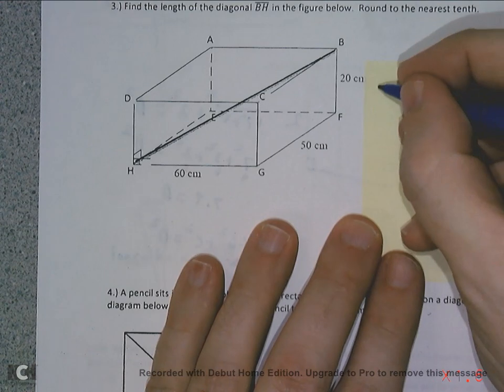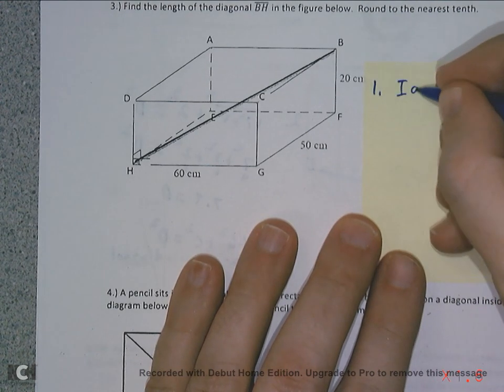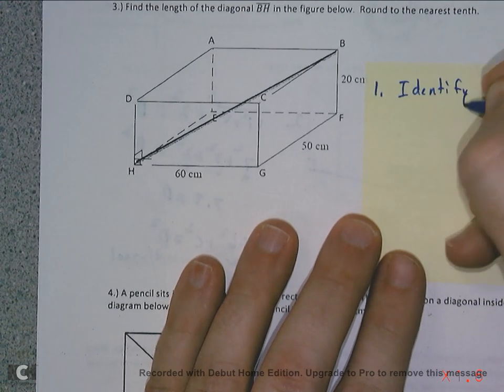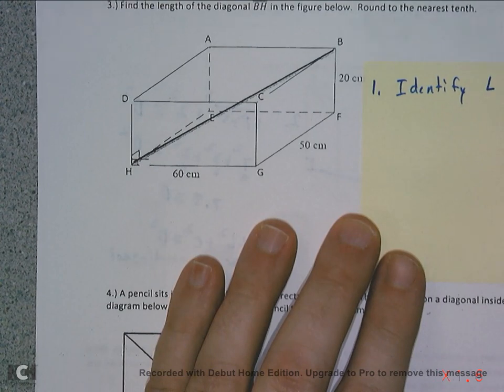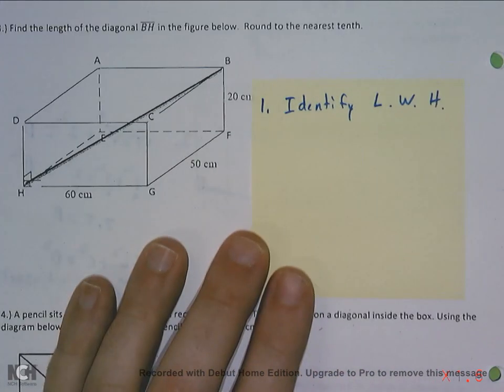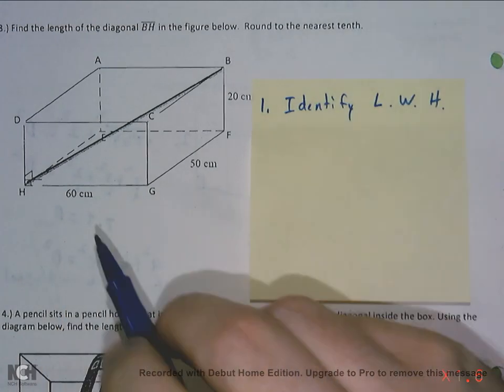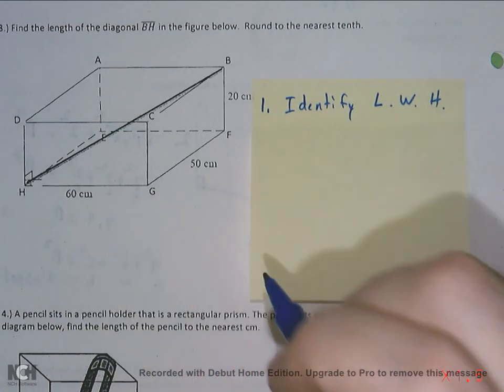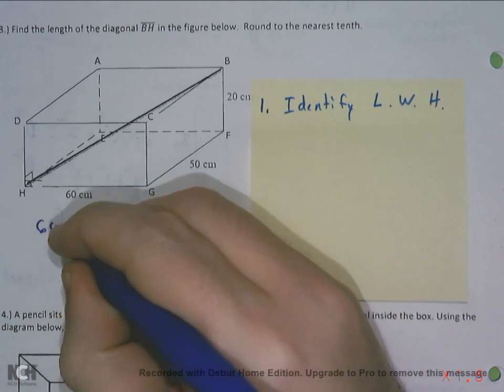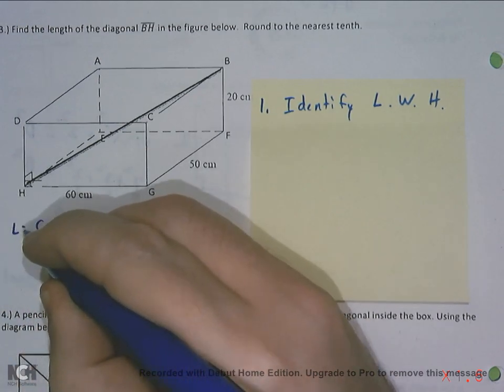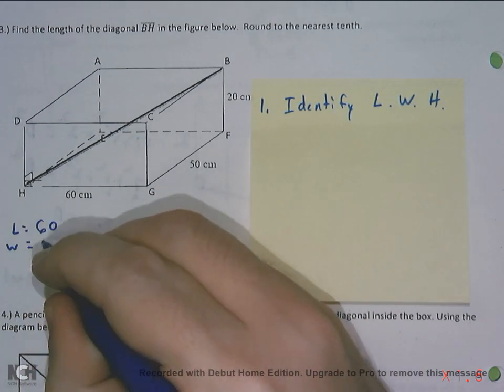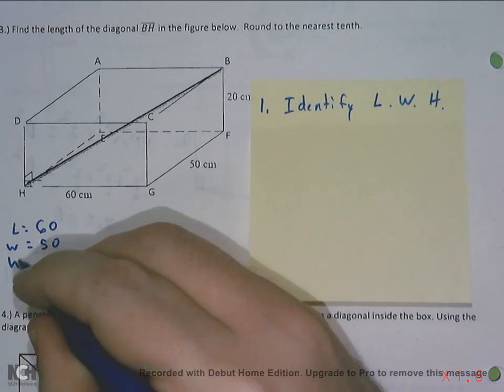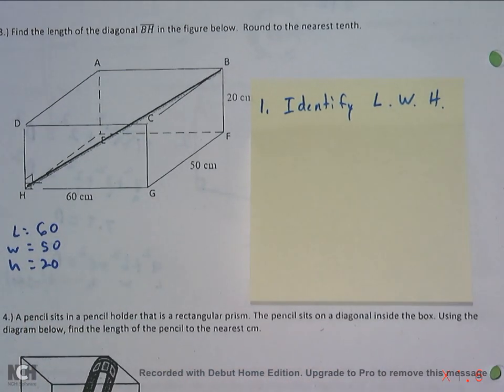Number one, identify length, width, and height. So here, my length is 60, my width is 50, and my height is 20.